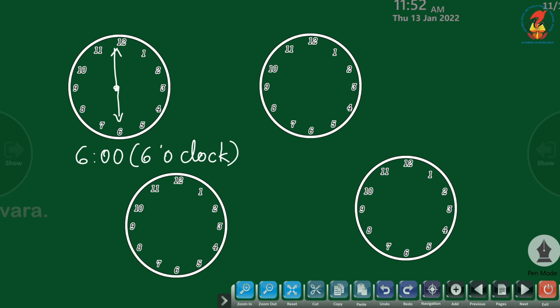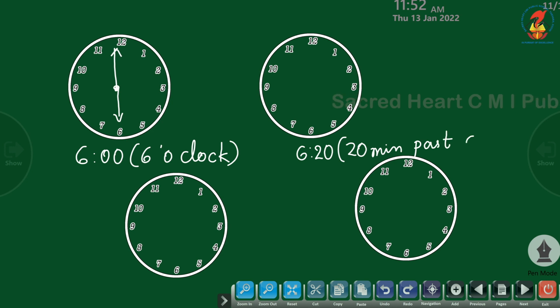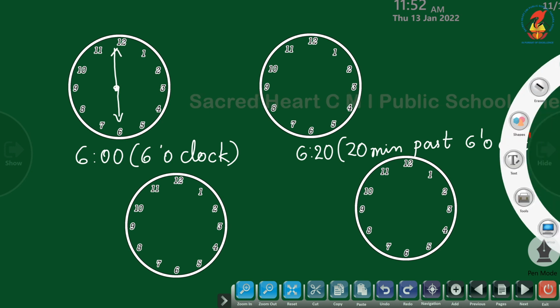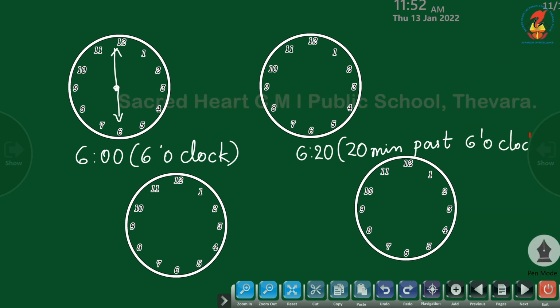Then the next one is 6:20. We can say it's 20 minutes past 6 o'clock.